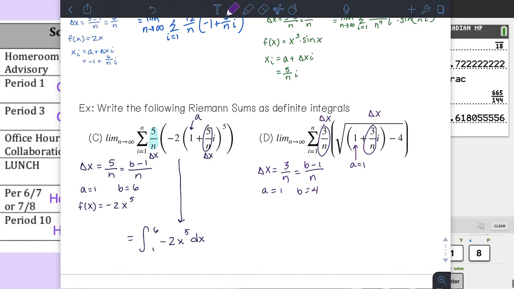And the parentheses that my a plus delta x i is housed in, that represents where the x would be in my function. So my function here must be the square root of x minus 4. So that means that this must be equal to the definite integral from 1 to 4 of the square root of x minus 4 dx.